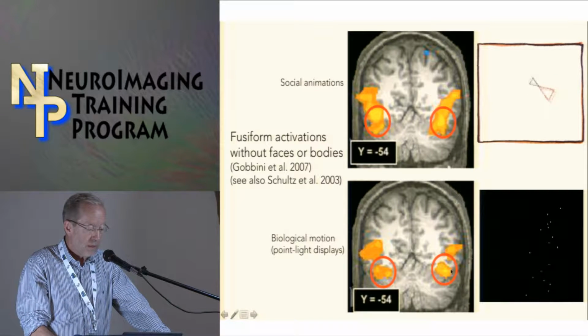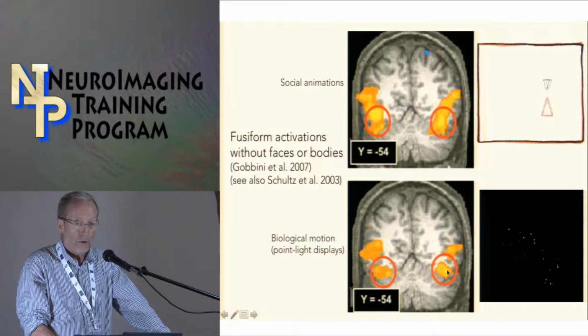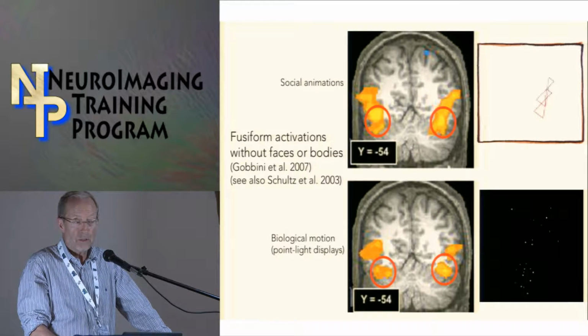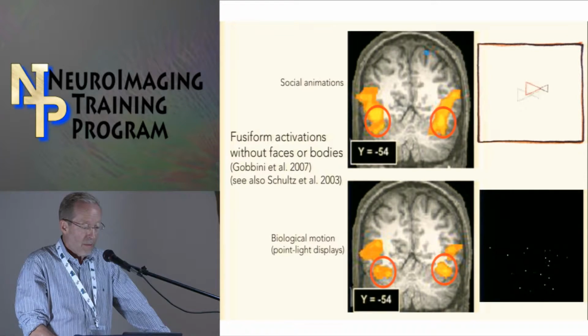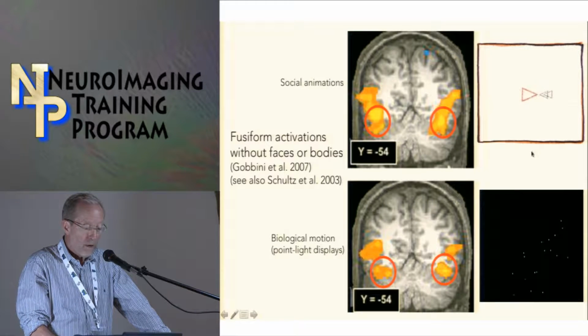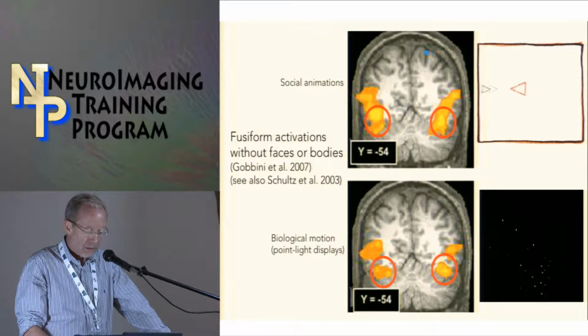So there is this piece of cortex that is really close to or overlapping or identical to the face and body areas in fusiform cortex, but it's responding when the stimuli contain no biological form like triangles, or only have biological form that's inferred from the motion in point light displays. So the idea that this area is sensitive to the form of faces and bodies is belied by these studies.